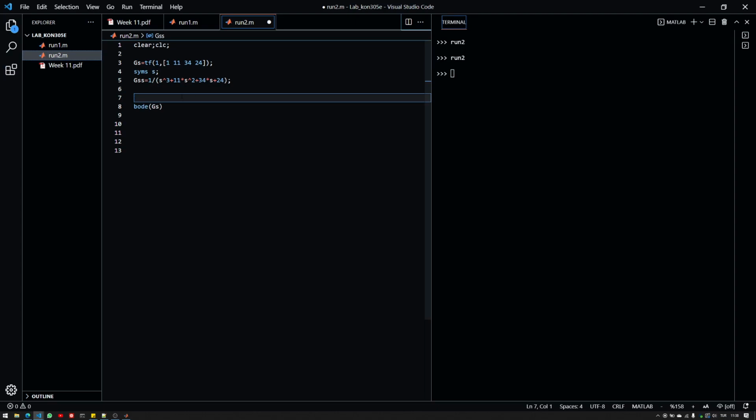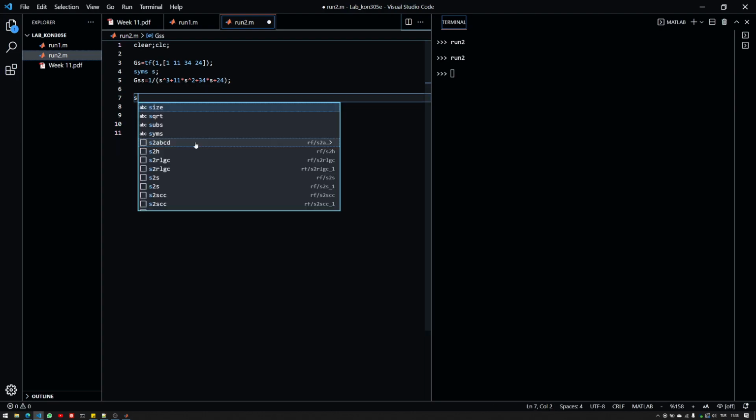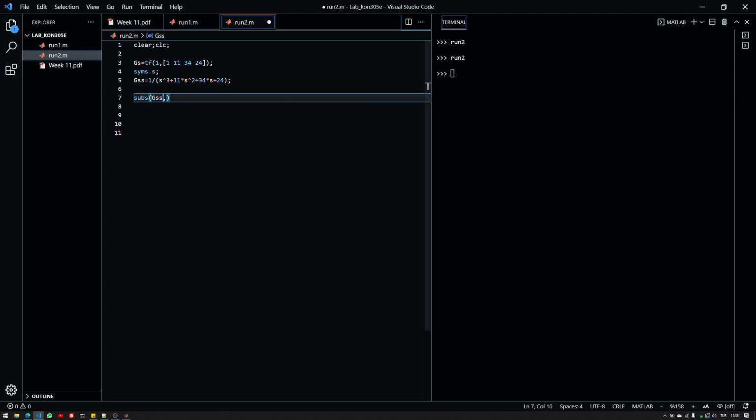Now that would be interesting. And the reason behind that is the following. Let's try it out. Let's say in the symbolic expression of the transfer function, let's plug in 1i times omega. So this is basically a complex number. I'm plugging in a complex number into the s variable.